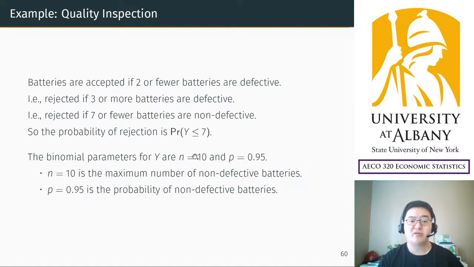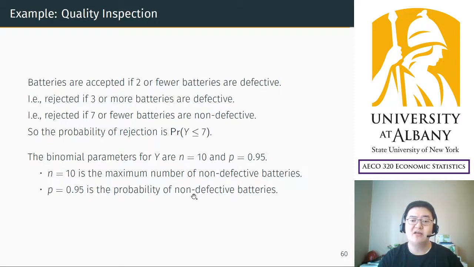Then now think about the parameters for Y. Clearly, Y is a binomial variable, and the maximum number is 10 because when 10 batteries are inspected, the maximum possible number of non-defective batteries is obviously 10. And the probability of a non-defective battery is 95%.